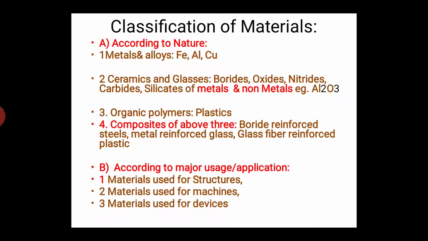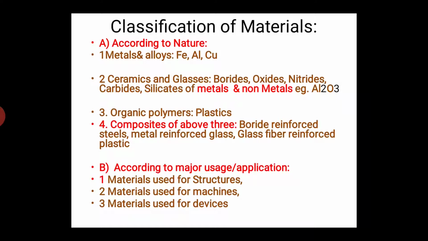We have observed plastic components in a number of places. Then composites. Composites are manufactured by using the above three materials. It may be metals, ceramics and glasses, or polymers. By combining all three, or any two out of these three, we can produce composites.